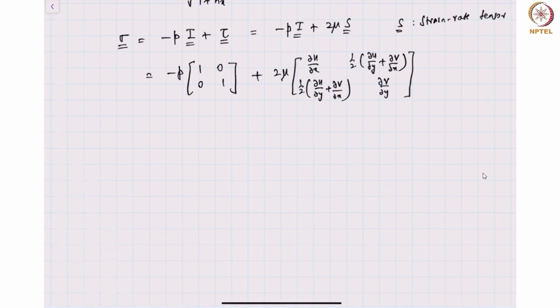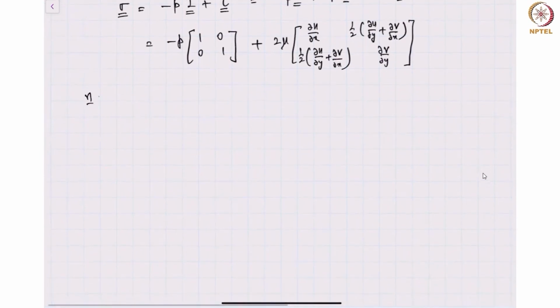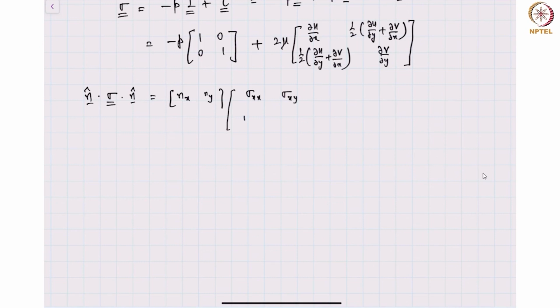Now you can calculate easily n dot sigma dot n, which will be n_x n_y times sigma_xx, sigma_xy, sigma_yx and sigma_yy, times n. I am illustrating this as matrix multiplication for those students who may not be very comfortable with index notation. This is also very easily done using index notation.